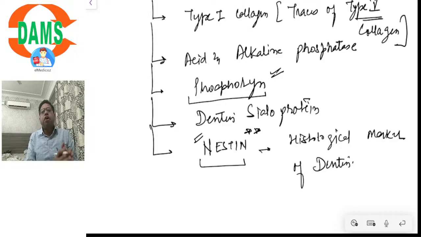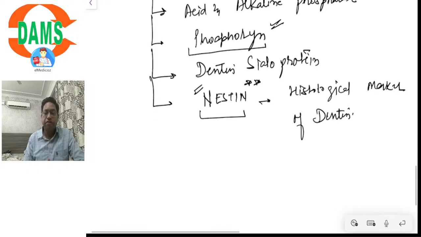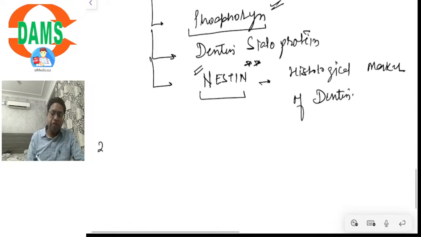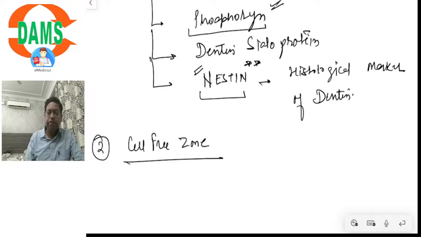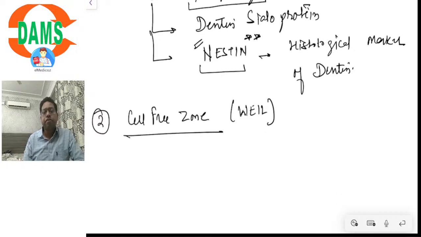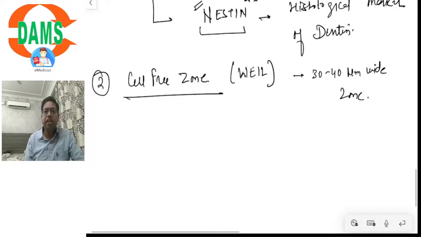So this is the outermost layer of the dental pulp, the odontoblast layer, its features and functions. Then the second layer from outside to inside is called the cell-free zone, which is also called the cell-free zone of Weil. It is basically a 30 to 40 micron wide zone below the odontoblast layer.